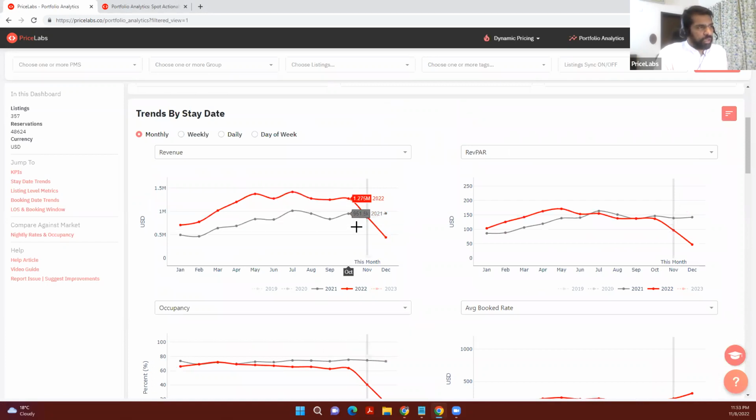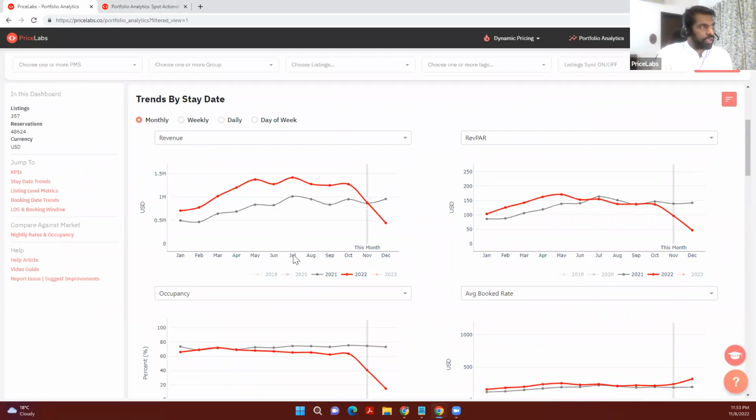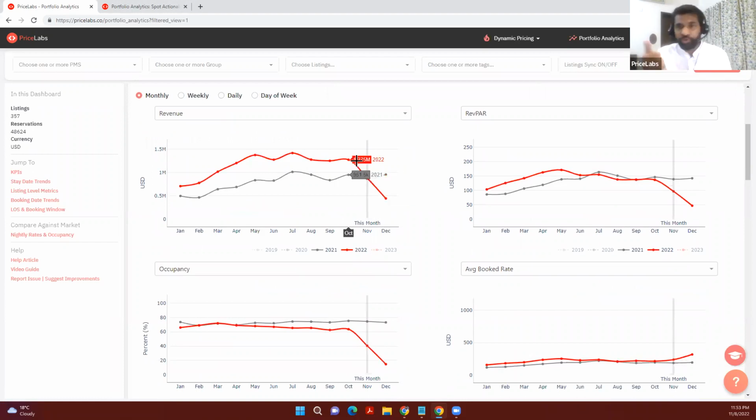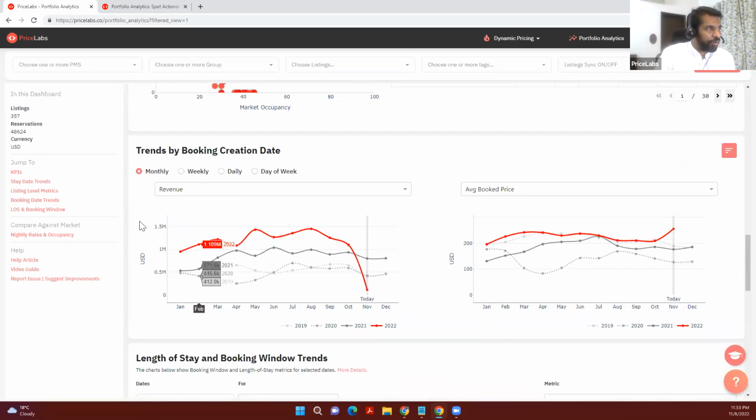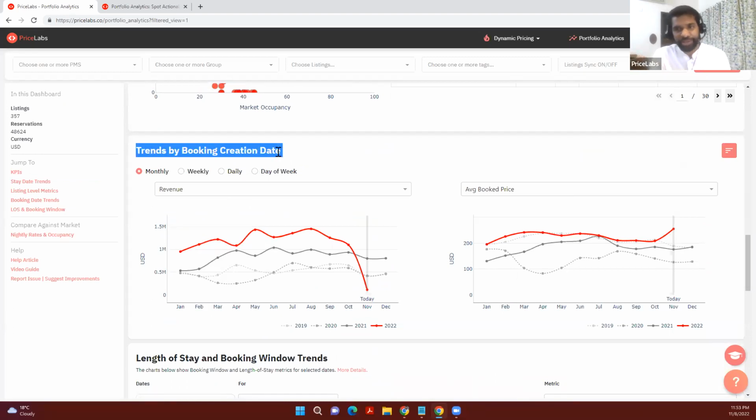Earlier today, I was looking at someone's property where they said, "I've not received any bookings in the month of October." But when we went into their data, we saw their revenues for October were higher, and their occupancy for October was higher. Down here, we have trends by booking creation date, which is when the bookings came in.